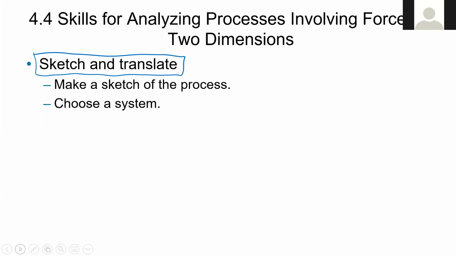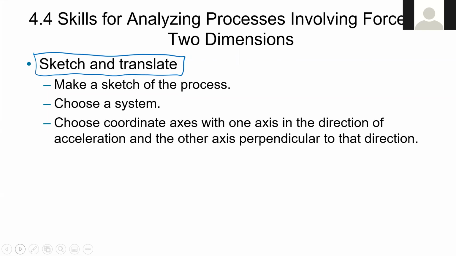You choose a system that you're going to be drawing force diagrams for. You choose a coordinate axis in this step, like that x, y. One axis should be in the direction of the acceleration. That's my recommendation. That way, the other axis shows a direction in which there's zero acceleration, and that gives you a nice simple formula for that.